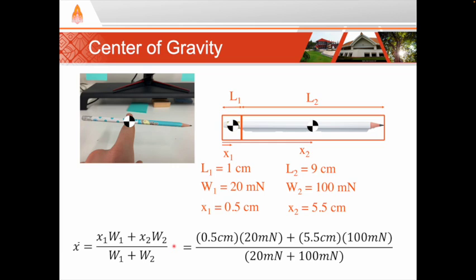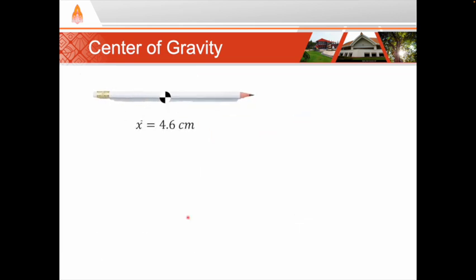If we put these numbers in, we find that the center of gravity is located at 4.6 centimeters from the left. Notice that it is slightly to the left of the middle, which is at 5 centimeters, and that's because the metal part was somewhat denser than the wooden part.